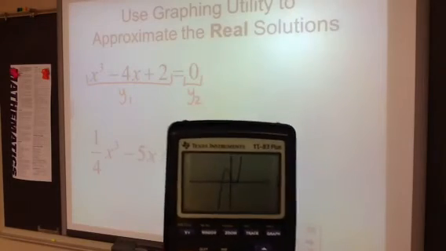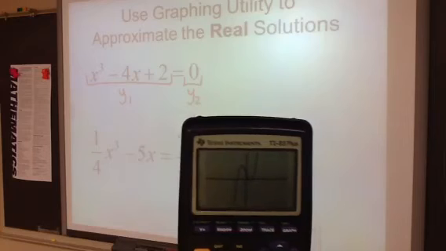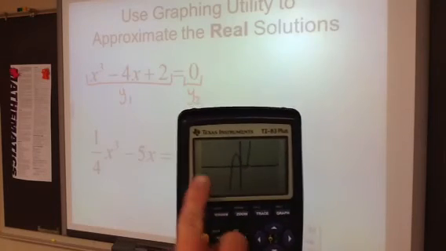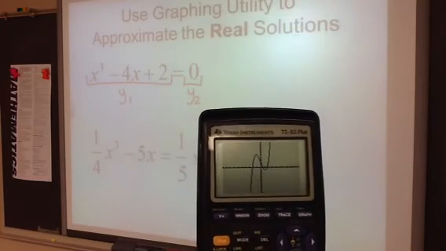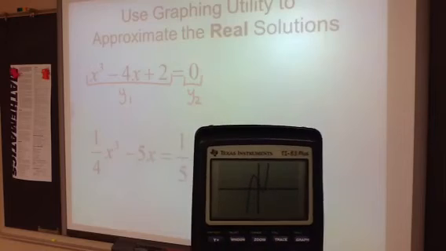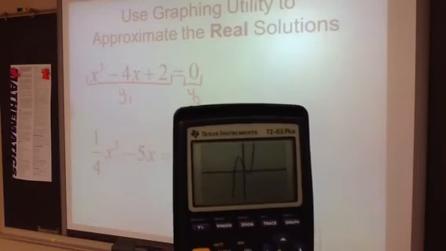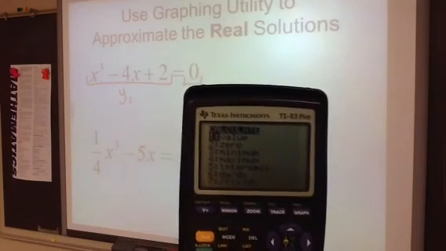So, here's our graph. You notice here is a curve, but where was our y2? Well, the y2 is the x-axis, so that's why you can't see it. If you look, it crosses the x-axis over here, right there, and right there, 3 times. So we're going to have to find 3 intersection points. To do that, you hit second, trace.